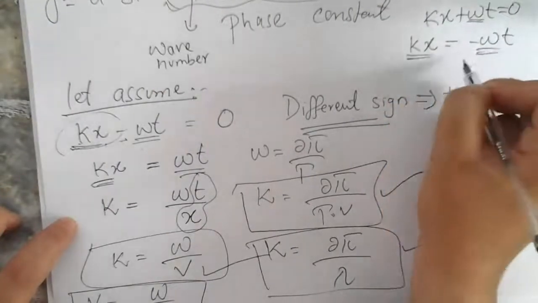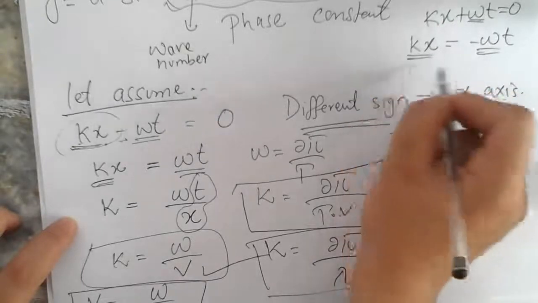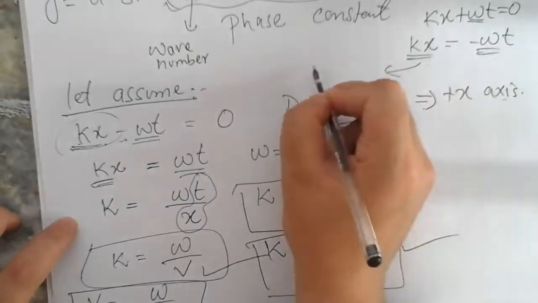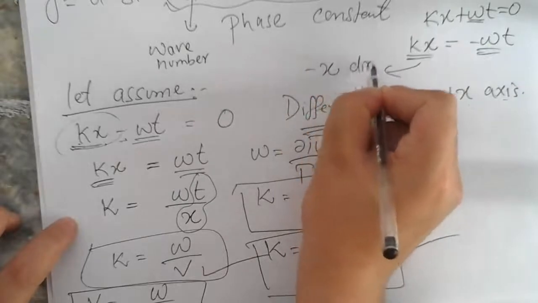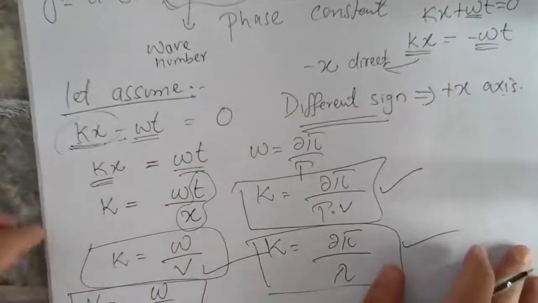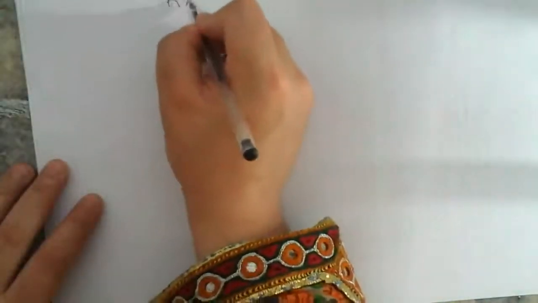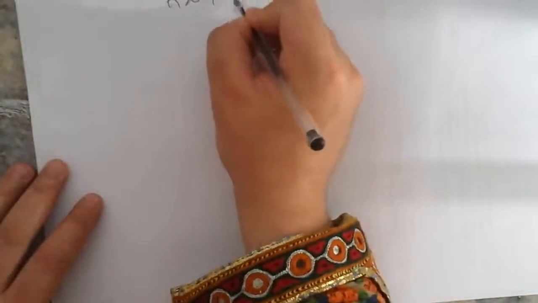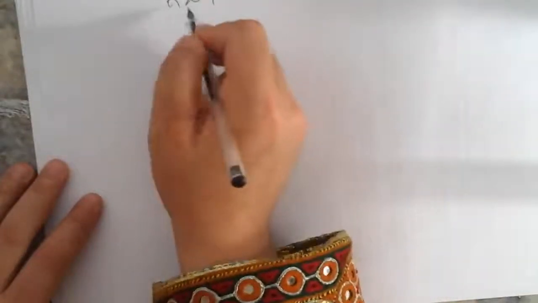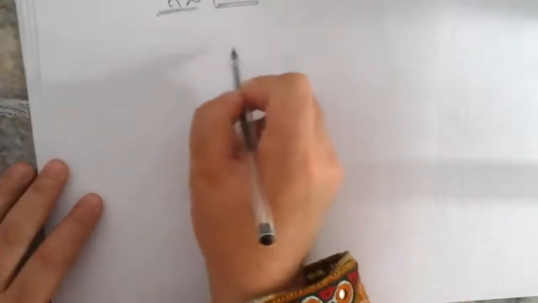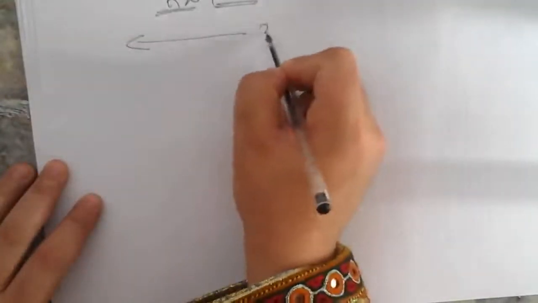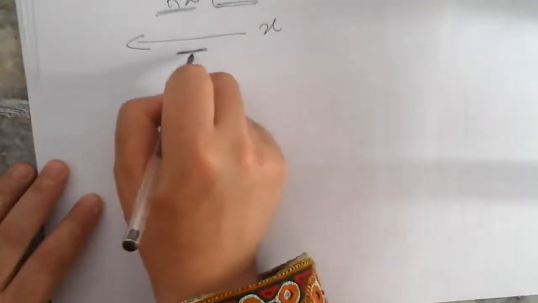So what will happen? The wave will travel along the minus x direction, meaning the wave will travel towards the left side. So if the same sign is present between these two terms, the wave will be traveling on the negative side of the x-axis.